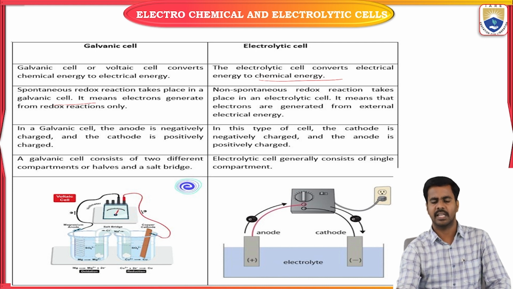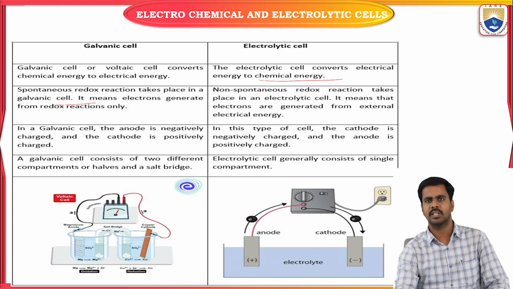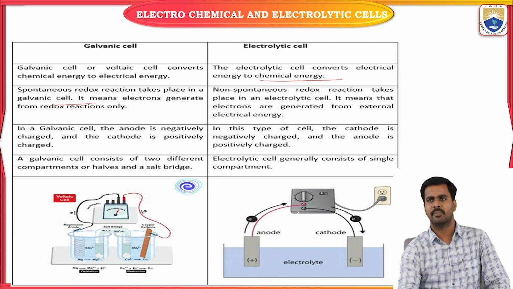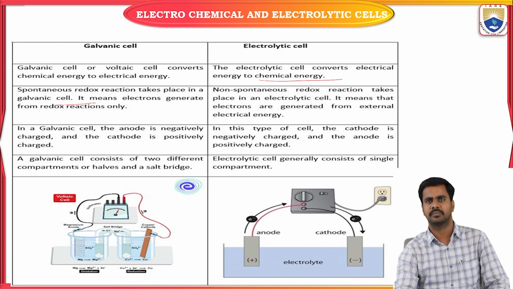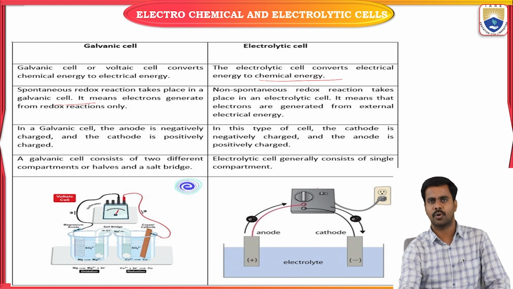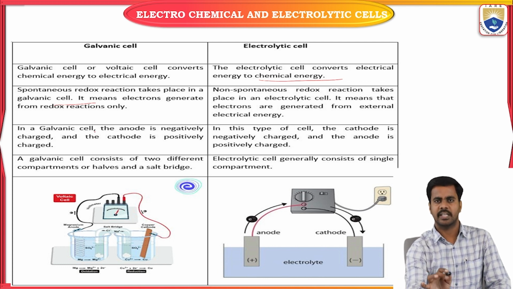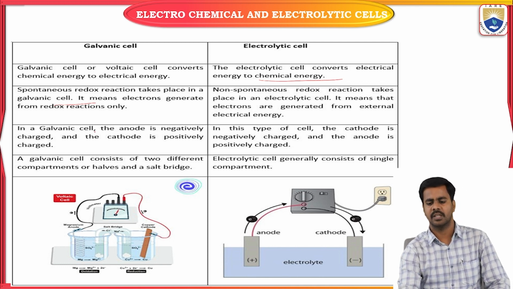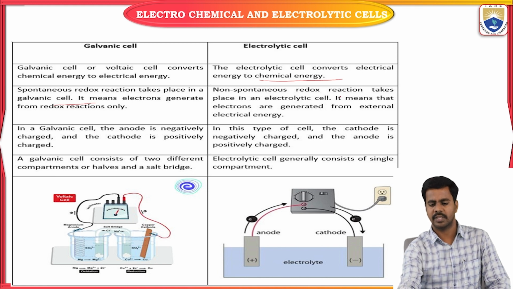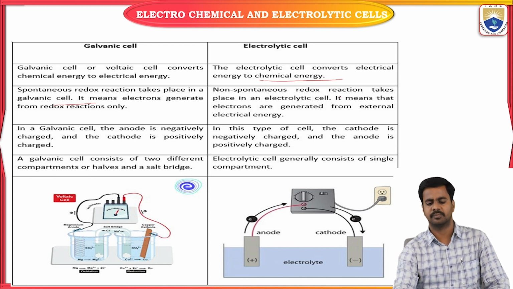Whereas in the electrolytic cell, it is a non-spontaneous process. Non-spontaneous means dependent, so the electrolytic cell depends on an external source. In both cells, redox reactions take place, but a spontaneous redox reaction takes place in the electrochemical cell and a non-spontaneous redox reaction takes place in the electrolytic cell.